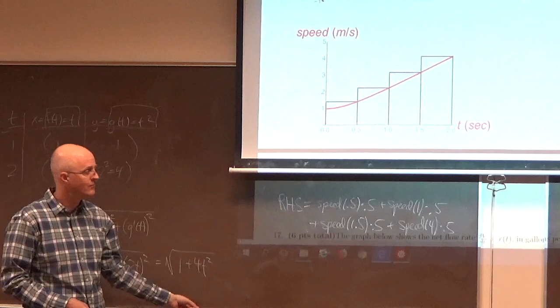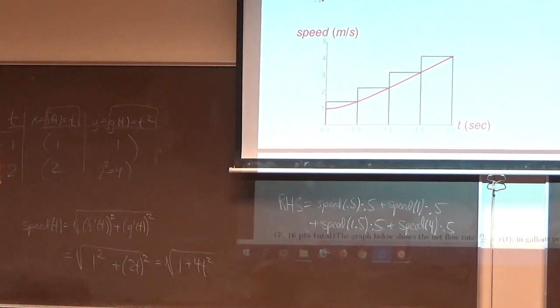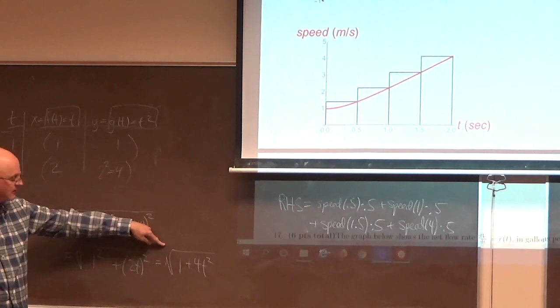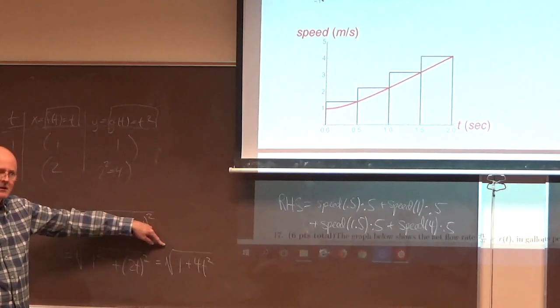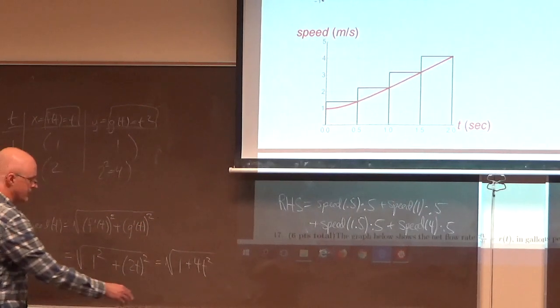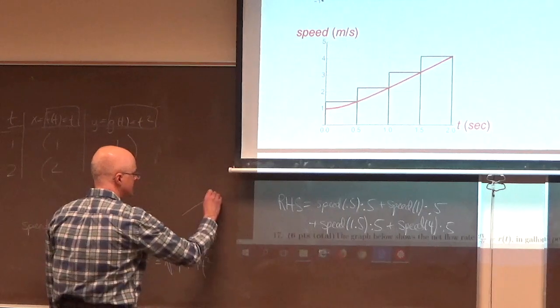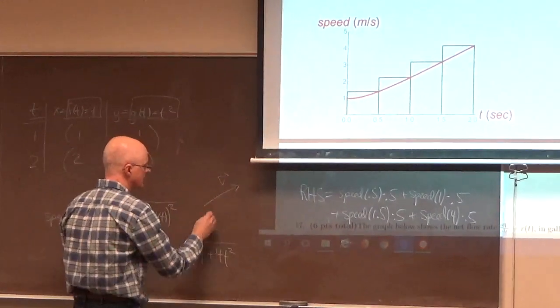For the speed, why didn't you take the square root of that? There's a square root there. Yeah, but why? The formula involves a square root. The reason I gave was because the speed is the length of the velocity vector.